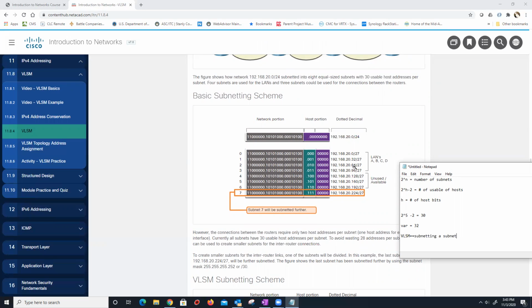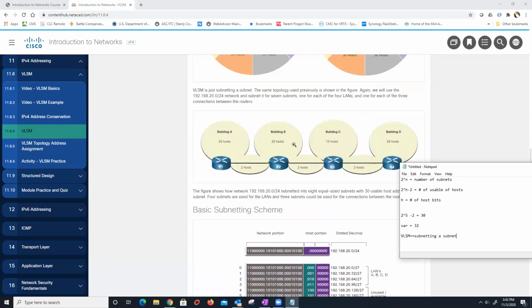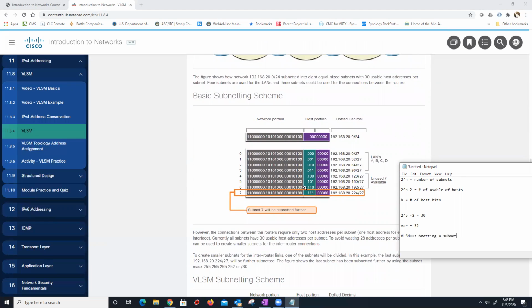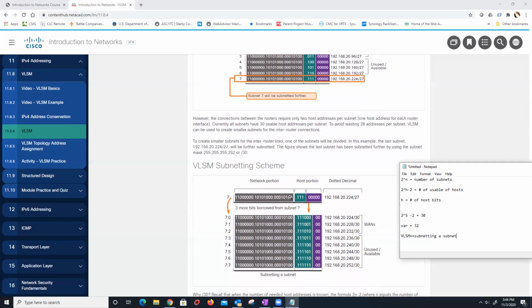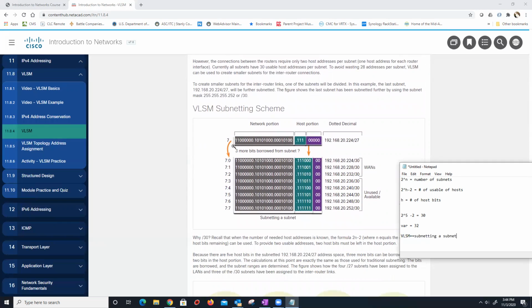We pulled out the 32, the 64, and the 96, and that becomes LANs A, B, C, and D. What they do is go all the way down to the last subnet available, this number 7 here, and subnet it again. So in other words, they borrow. They know they only need to leave 2 host bits, so they borrow down until there are only 2 host bits left, which makes your variable 4. And then they break this 224 down into these /30s: 224, 228, 232.